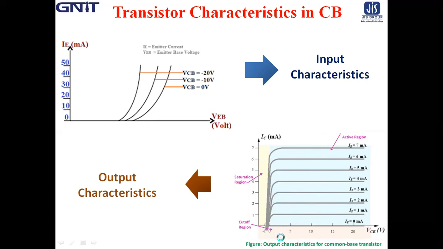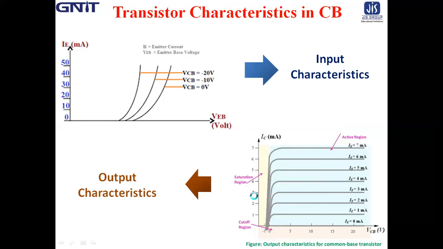In the saturation region, both the emitter base and collector base junctions are forward biased. This means that collector base voltage VCB is less than 0 due to forward bias in NPN transistor.